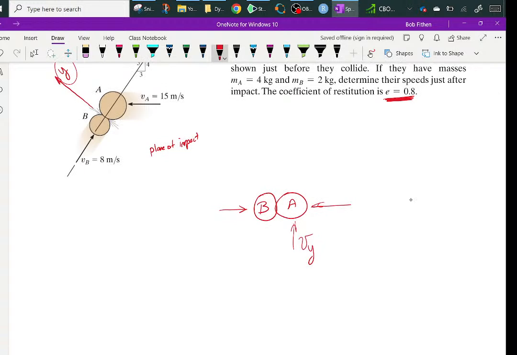During the impact, if I just look at A for a moment, there is a force this way, but there's no force this way. Fy is equal to 0.